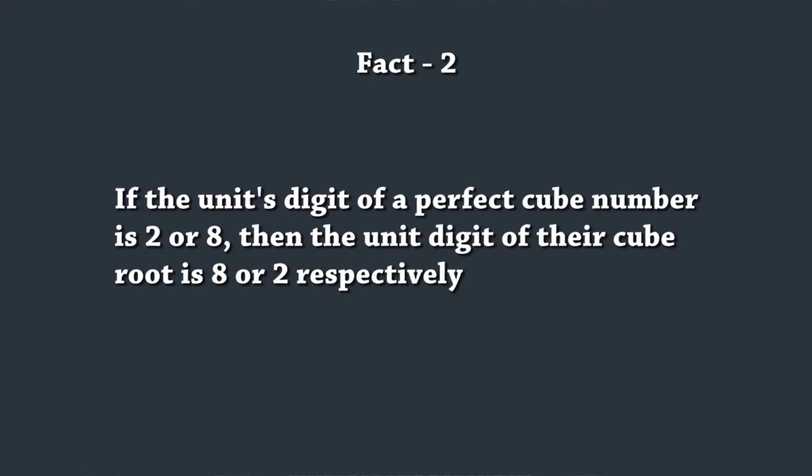If the units digit of a perfect cube number is 2 or 8, then the unit digit of their cube root is 8 or 2 respectively. Fact 3. If the units digit of a perfect cube number is 3 or 7, then the unit digit of their cube root is 7 or 3 respectively.